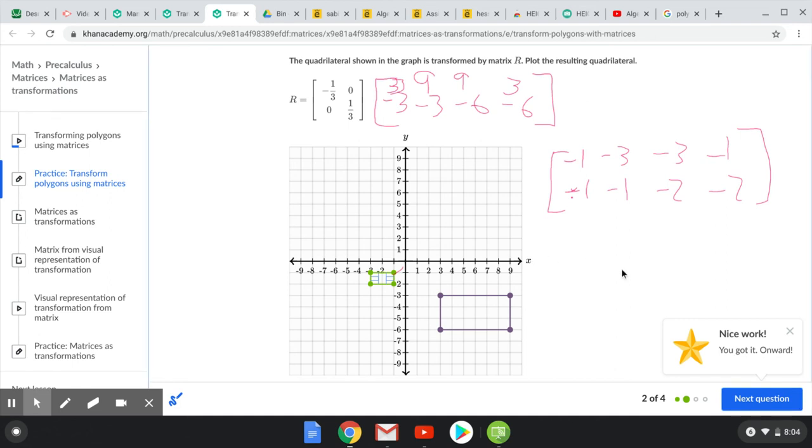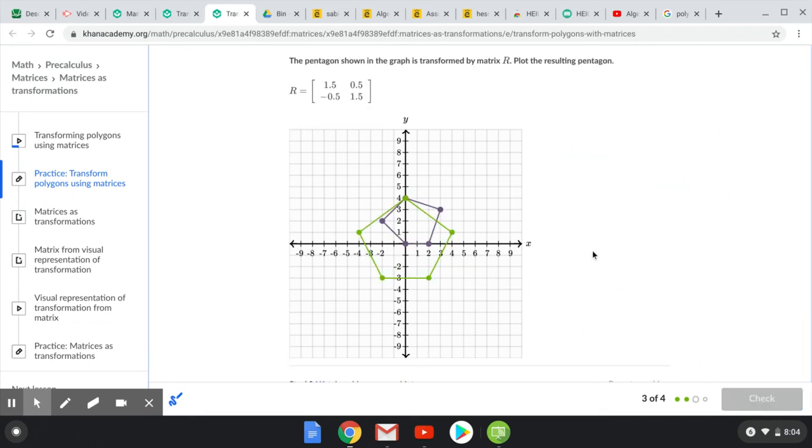So yeah, let's look at the next question. Okay, so this is another polygon, obviously. But the strategy is going to be exactly the same. Sorry, I don't like having them overlapping. The strategy is going to be exactly the same.